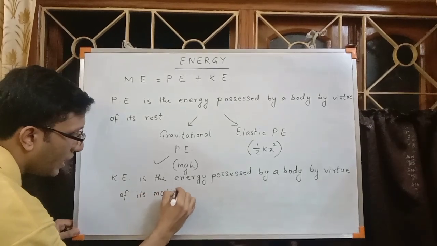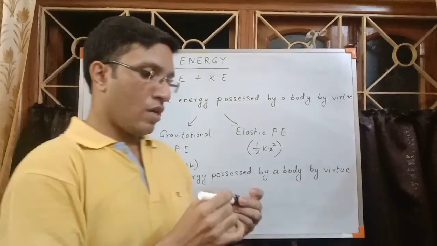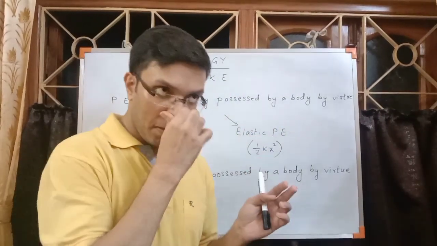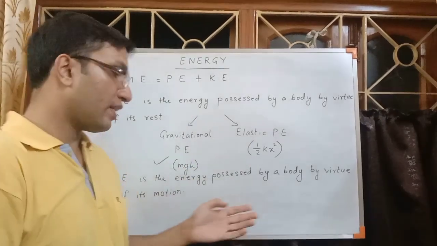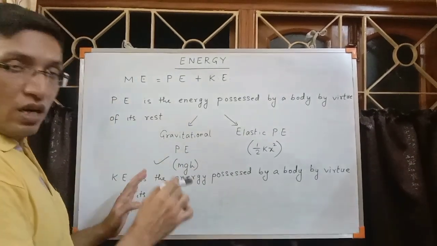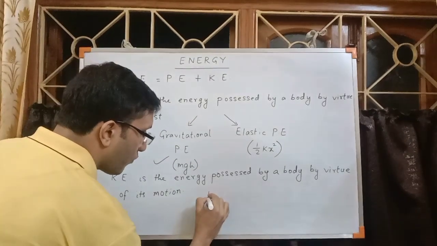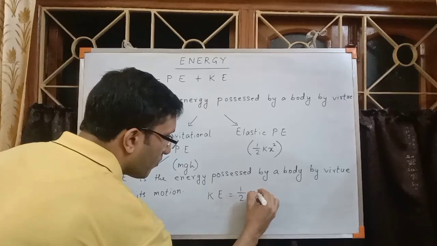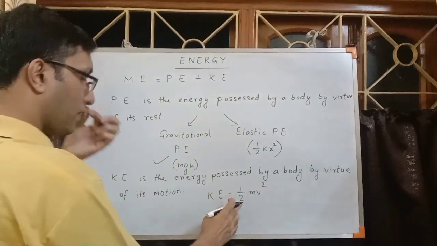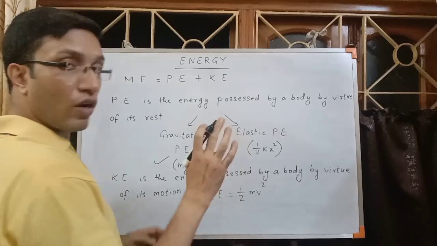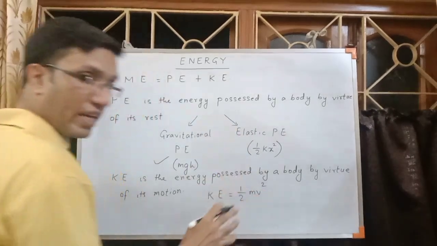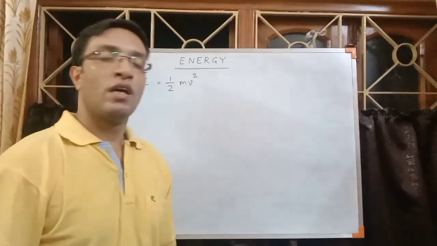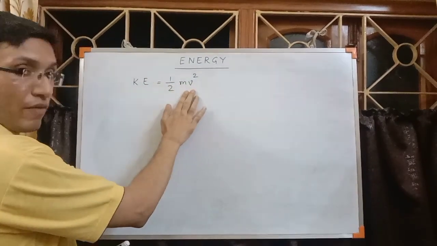That means when a body is moving, either in a linear way or in a circular path or rotational motion, the energy possessed by the body is called kinetic energy, and the mathematical formula for kinetic energy is half mv square, where half is the constant, m is the mass of the body, and v is the velocity or the speed with which the body is moving. Okay. So the expression for kinetic energy is half mv square.